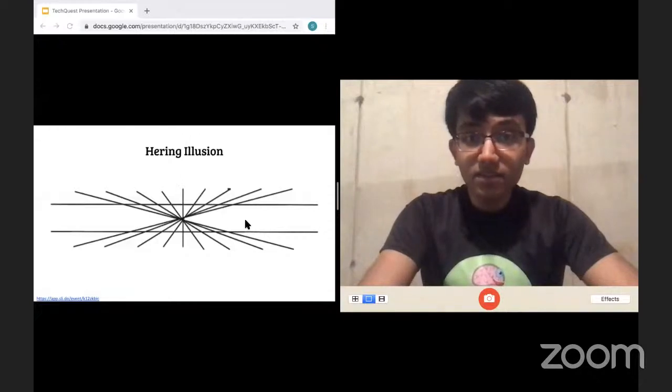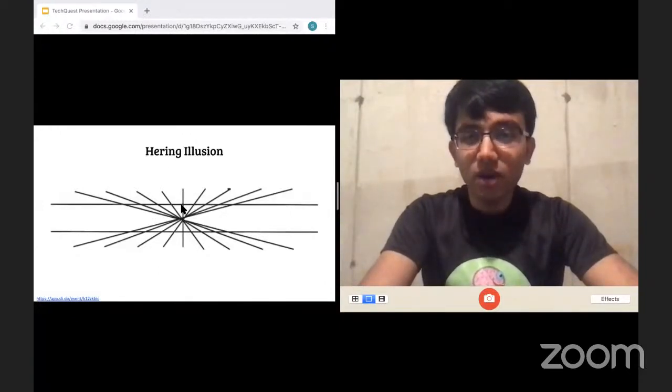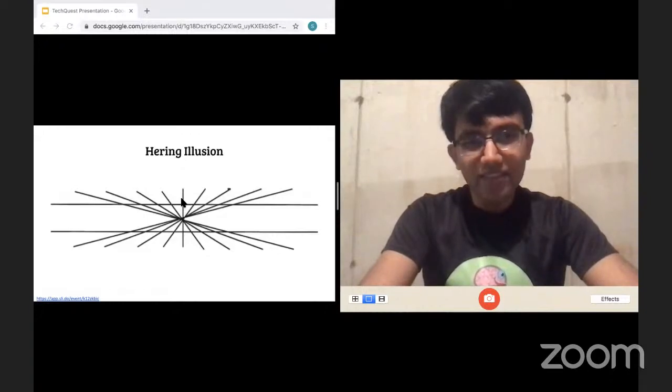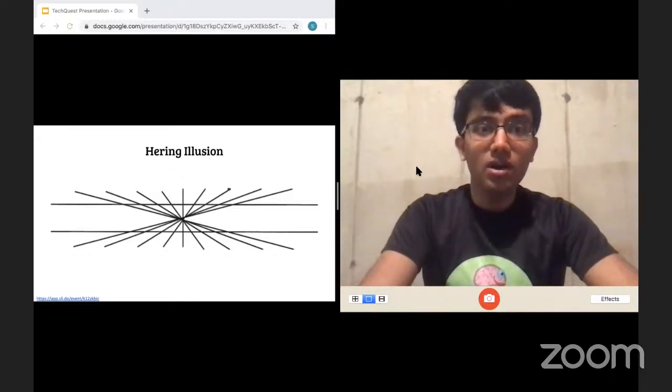And that circle creates a circular effect. So as you can see, that's why over here we get sort of a circular effect. This line is so short while this one is so long, so our brain is trying to accommodate for that and tell us, you know what, this can't be this short, it has to be a bit longer. So we push it out a bit, and that's why we see this bulge at the top and the bottom.